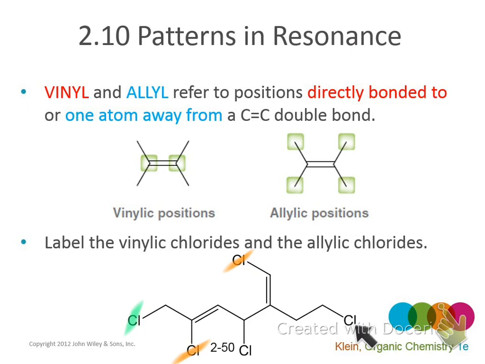This one is 2 away from the double bond. And it's actually allylic to both the double bonds. And then this one is none of the above. So let's do that like that. Okay.